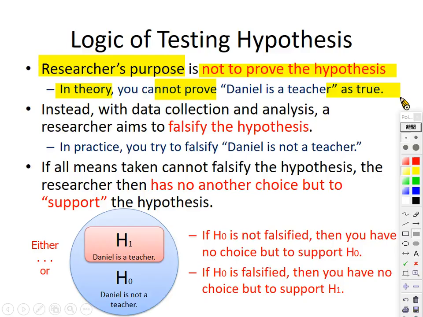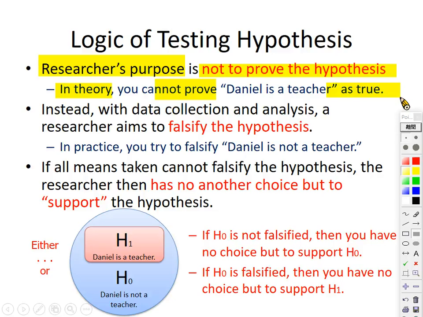Because even if you have a lot of tests on Daniel as a teacher, right? However, there are still some other infinite possibilities that you need to test. Every time you have a test about Daniel as a teacher, you have to continuously test it.